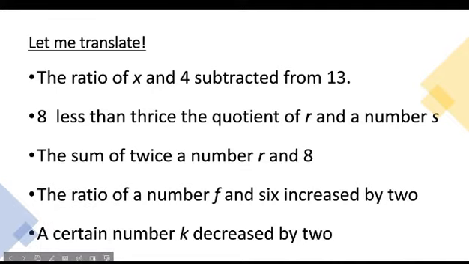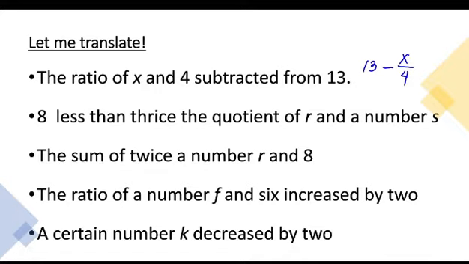So the ratio of x and 4 can be represented as x over 4, or a fraction. And this will be subtracted from 13. So we can translate it as 13 minus x over 4, since the ratio of x over 4 is subtracted from 13.